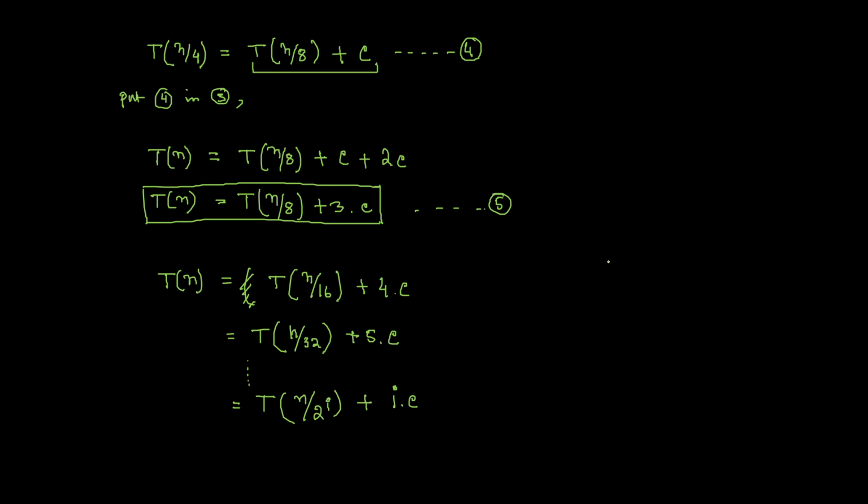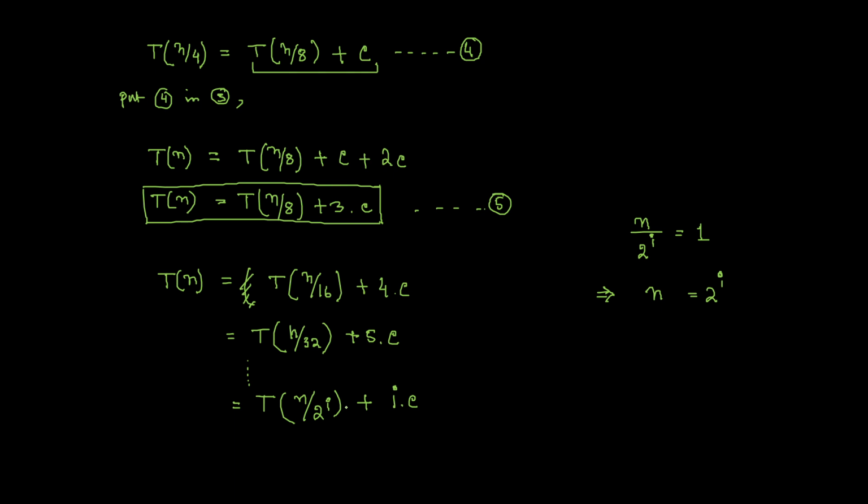So if I consider that n by 2 to the power i equals 1, that means n will be equal to 2 to the power i. Now obviously I don't know the value of i. In which iteration will my data set reach a situation where I have only one element in a segment?